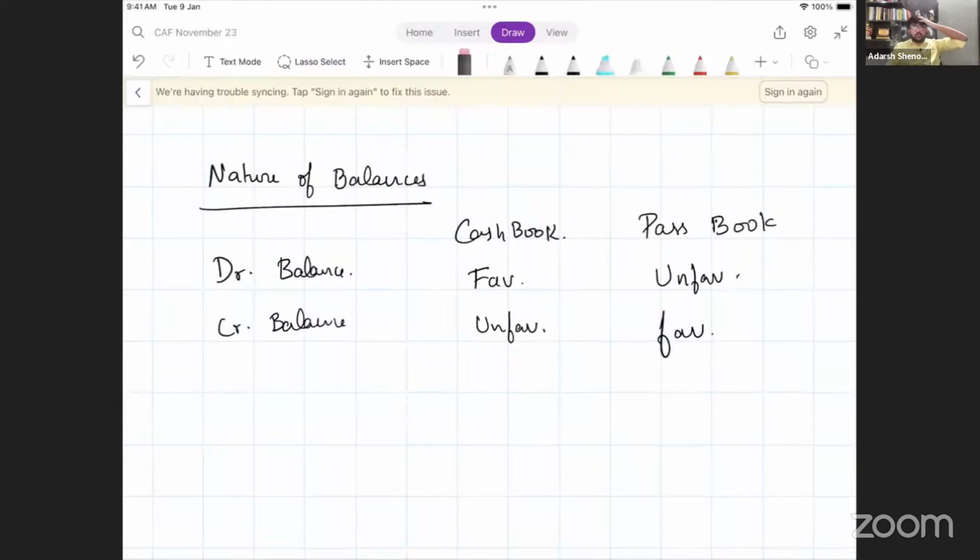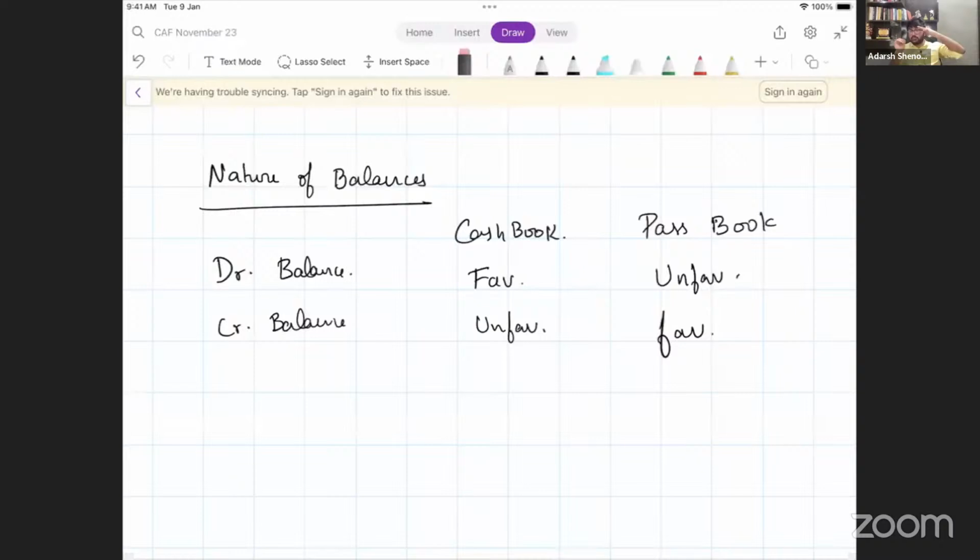So a debit balance in the cash book is an asset, and a debit balance in the passbook is a liability for us. We are looking at this from our perspective. We are preparing the BRS in the books of the business, not the bank's books. The bank is not interested in what is happening in our cash. We are interested in what is happening in our account in their books.